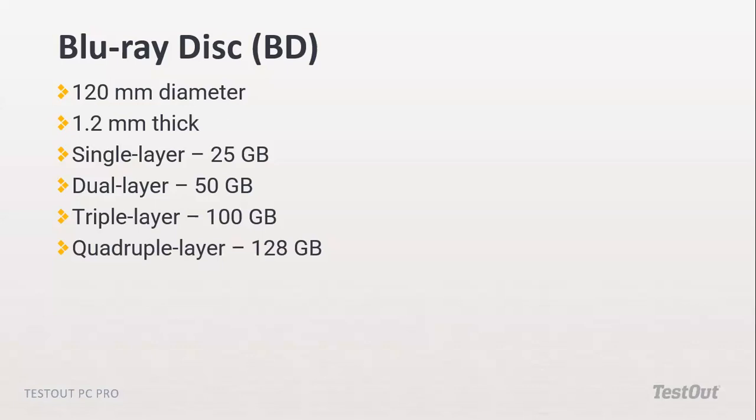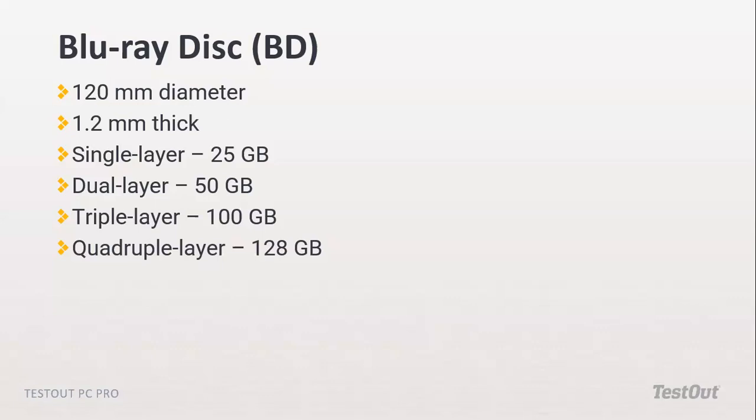Compare this BD to a CD, the quadruple layer BD and a CD. You see that the difference is outrageous, right? Let's do the math. 128 gigabytes times 1024 makes up around 131,000 megabytes.